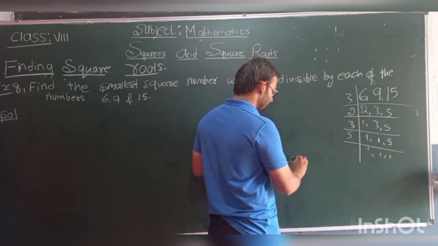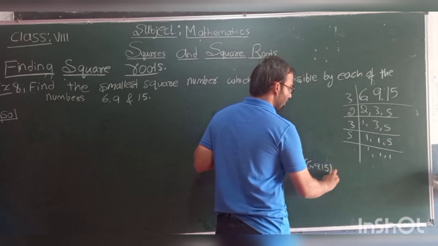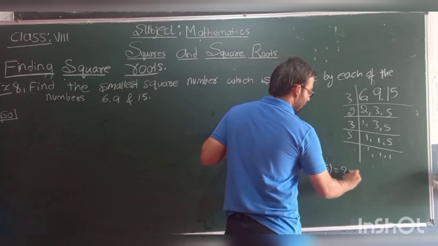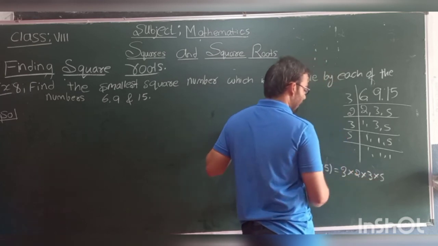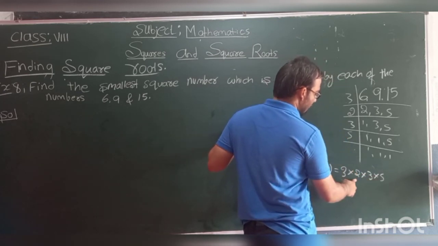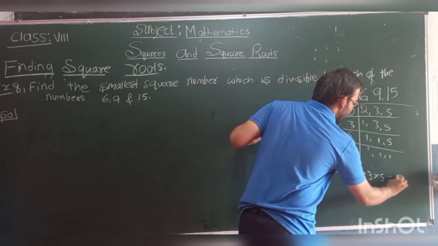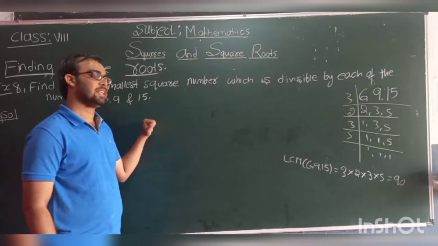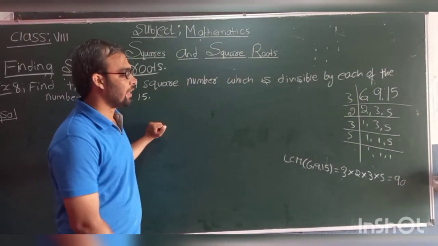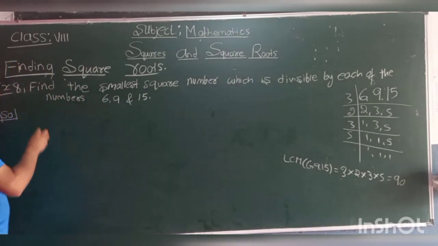What is the LCM of 6, 9 and 15? 3, 2, 3, 5. So 3 2s are 6, 6 3s are 18, 18 5s are 90. So the LCM of 6, 9 and 15 is 90.